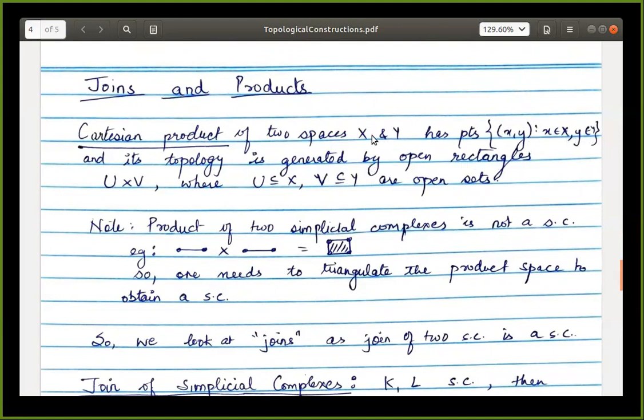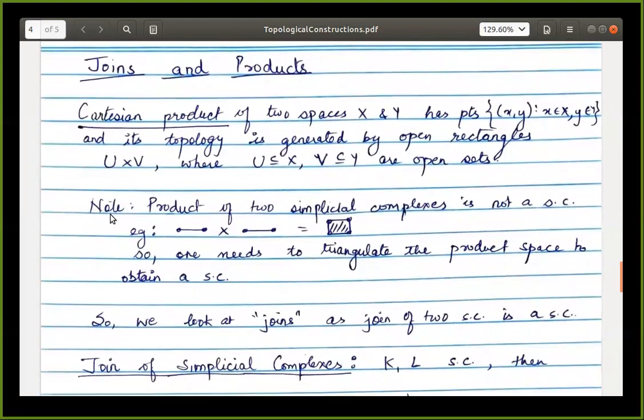When you have U cross V with U a subset of X and V a subset of Y, whenever both of these are open, U cross V is an open set, and the topology is generated by such open rectangles.